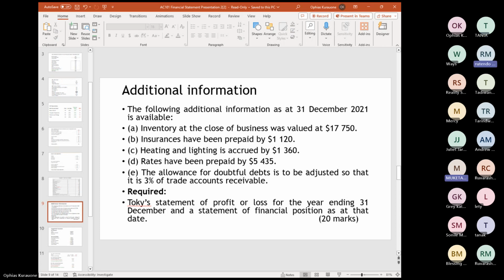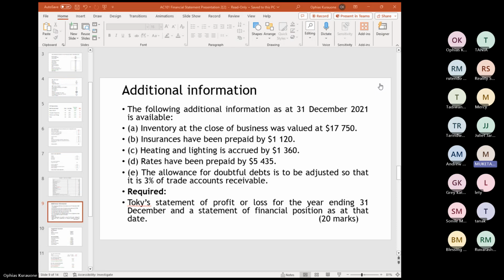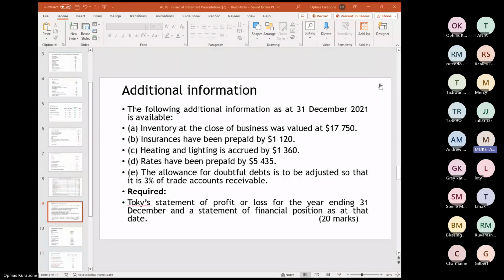B. Insurance has been prepaid by 1,120. C. Heating and lighting is accrued by 1,360. D. Rates have been prepaid by 5,435. E. The allowance for doubtful debts is to be adjusted so that it is 3% of trade accounts receivable.